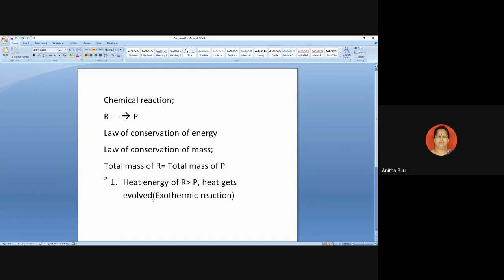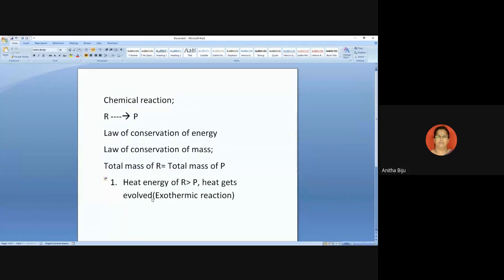Chemical reactions in which evolution of heat energy takes place are called exothermic reactions.